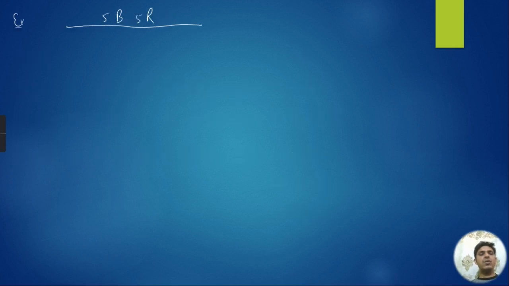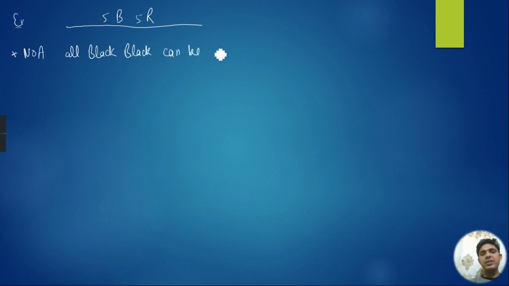So we are given 5 black balls and 5 red balls, and you have to tell the number of arrangements such that all black balls can be arranged alternately.